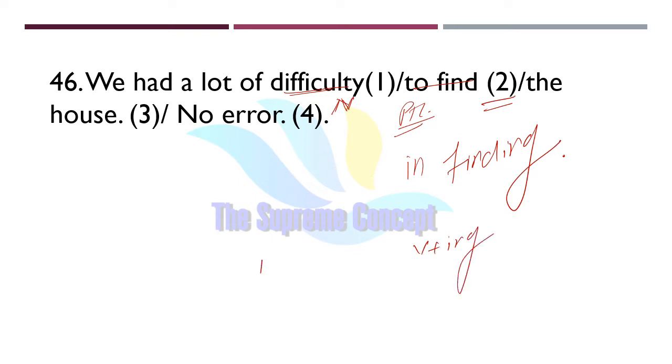Let me write it for you. Noun, and if it is followed by a preposition, then the next thing will be a gerund. So difficulty in finding the house, not to find.